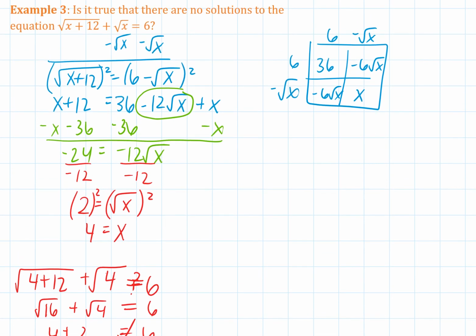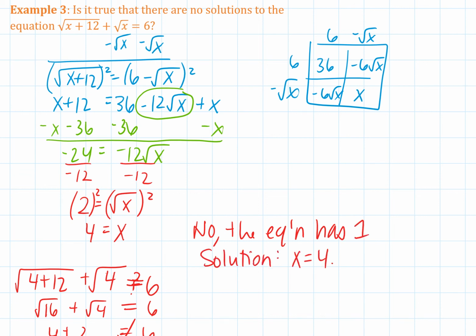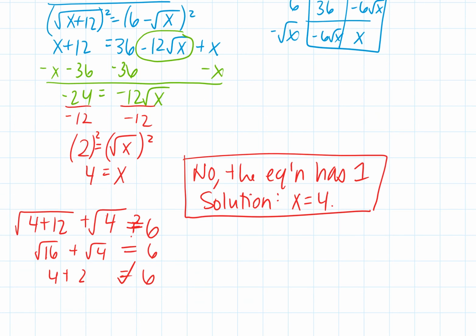It asked, is it true that there are no solutions? No. The equation has one solution, x equals 4. It doesn't have no solutions. That would imply no values work, and we've just shown that when you substitute 4 into the original equation is satisfied.